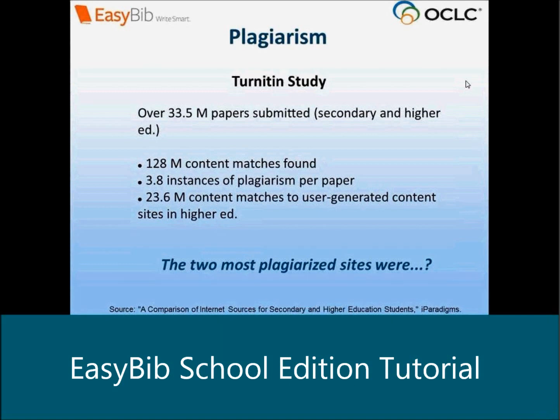And despite the fact that students should have known that their papers would be picked apart for plagiarism, Turnitin still found 3.8 instances of plagiarism per paper. So from these statistics, we can infer that students don't always know what constitutes plagiarism. So one of the things we did with EasyBib was integrate a notebook feature to help break down that process and be a more proactive form of anti-plagiarism.